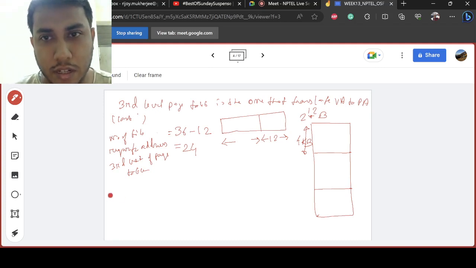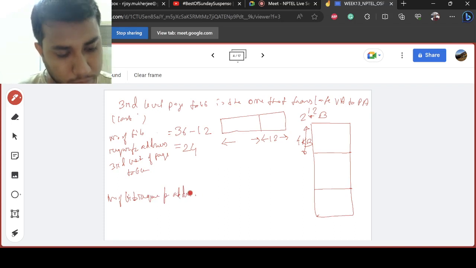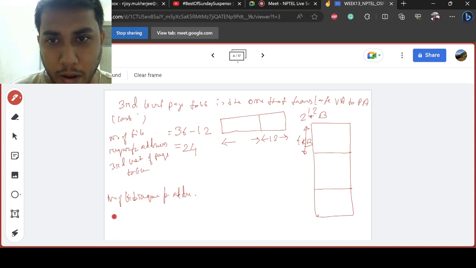Now the question is number of bits required for address of second level page table. So what does the second level page table refer to?